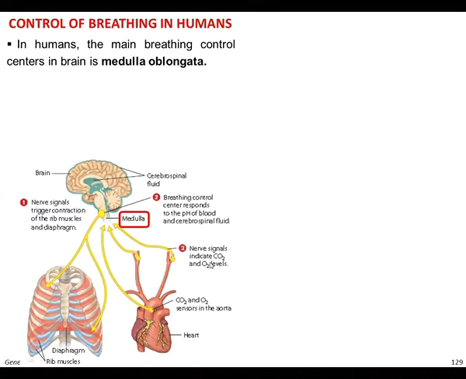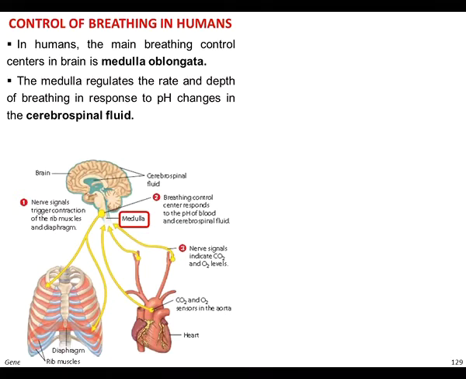As we said, the medulla is an important region that controls the breathing phenomenon. And this medulla regulates the rate and the depth of breathing in response to pH change in one of the very important fluids in our body, the cerebrospinal fluid.